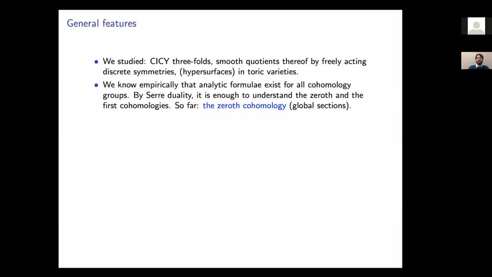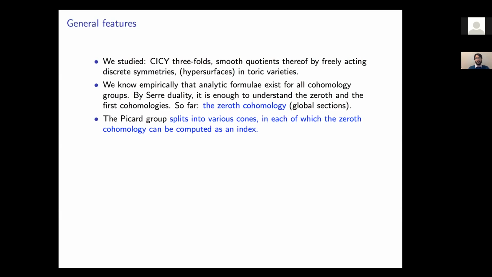So far, we understood the zeroth cohomology. And what I'm going to discuss in this section is about the zeroth cohomology. Okay. The same pattern is observed that the Picard group splits into various cones, and in each of these, the zeroth cohomology can be computed as an index.